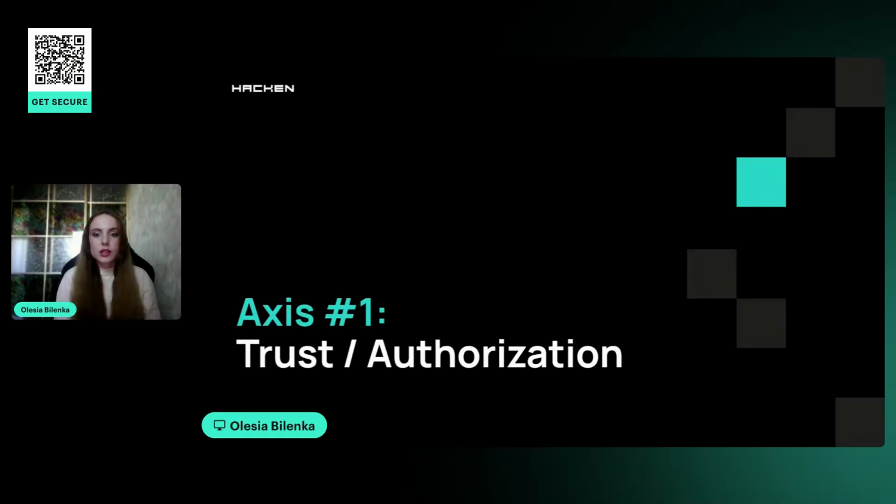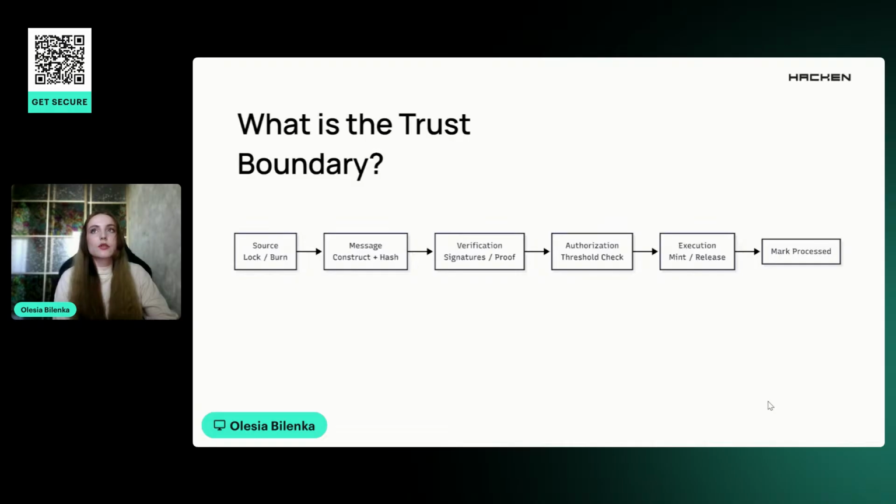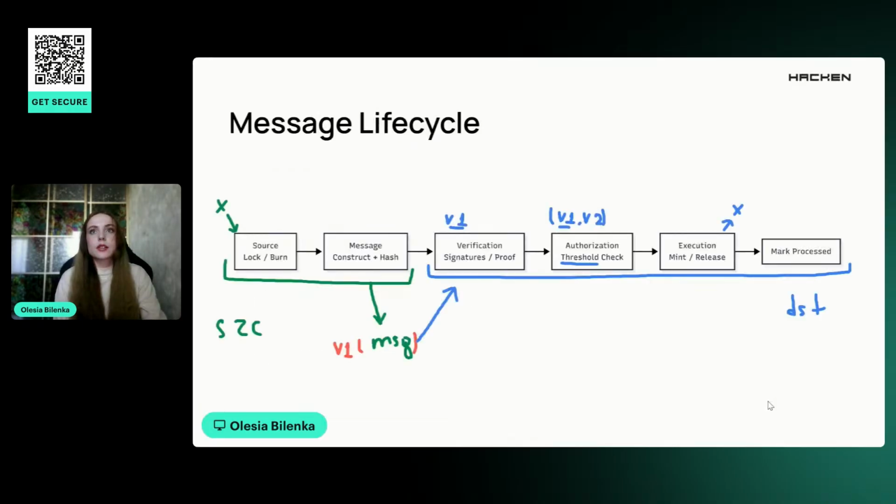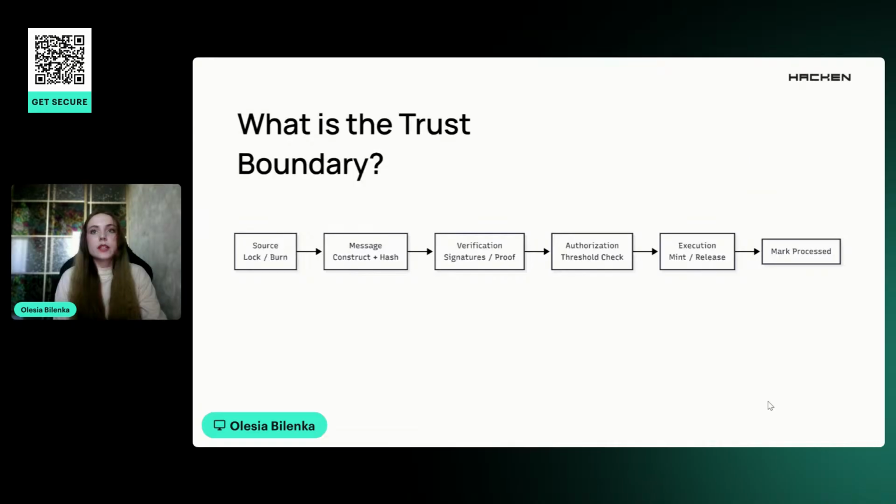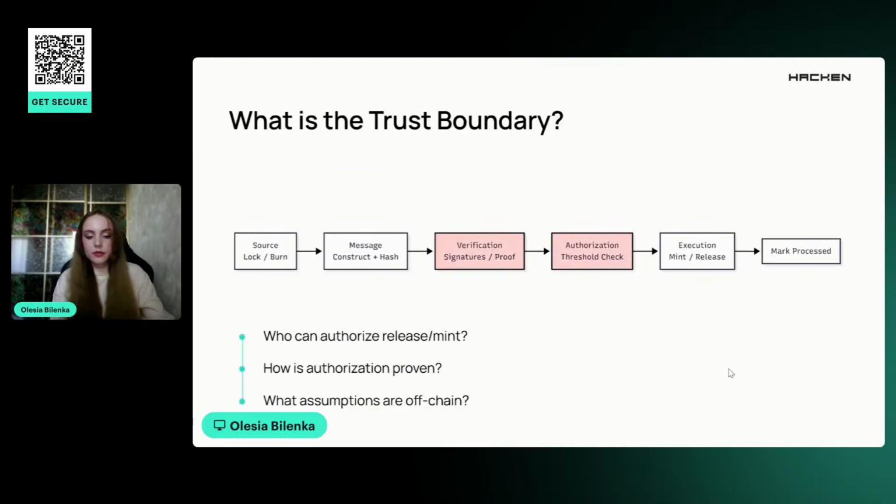Who is allowed to release and mint assets on the destination chain, and how do they prove their authority? Because if this layer is broken, nothing else really matters, because the bridge just becomes a faucet. This is the same canonical execution pipeline which we learned here, and we need to understand which steps we need to protect in this layer. So the trust boundary sits right here in the verification and authorization step.